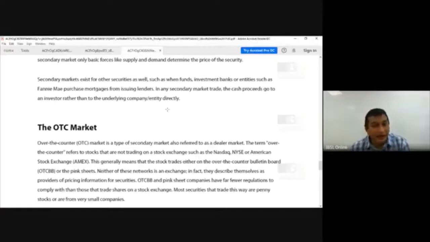The assets trade either over the counter or they're sometimes called pink sheets. Pink sheets is where you don't reveal the party also. So you do not tell that I'm the one who's buying, I'm the one who's selling. That also is not known to the market participants. So very interesting. That's how the markets work.